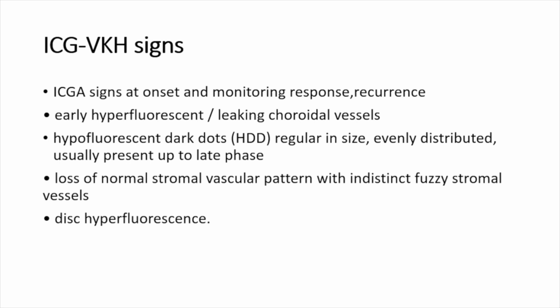Another finding which we usually see in the mid to late phase is the hypofluorescent dark dots. Choroidal hyperfluorescence seen in the early phase, along with disc hyperfluorescence seen in the mid to late phase, are the signs of acute VKH.